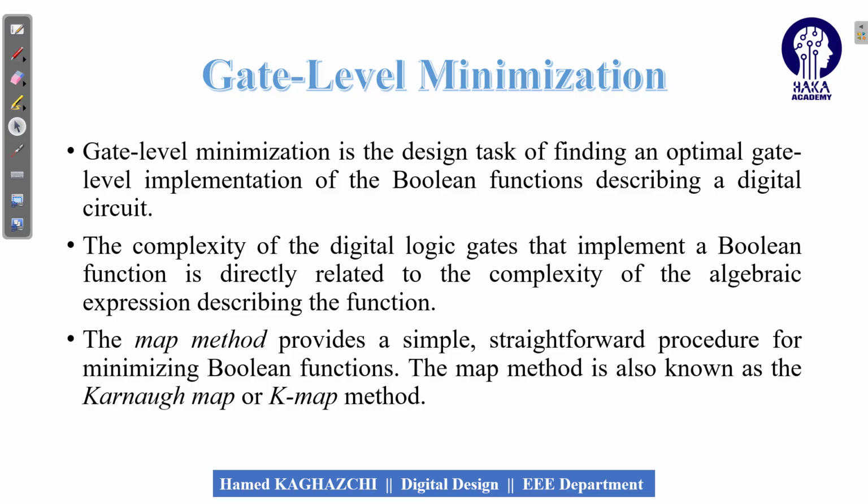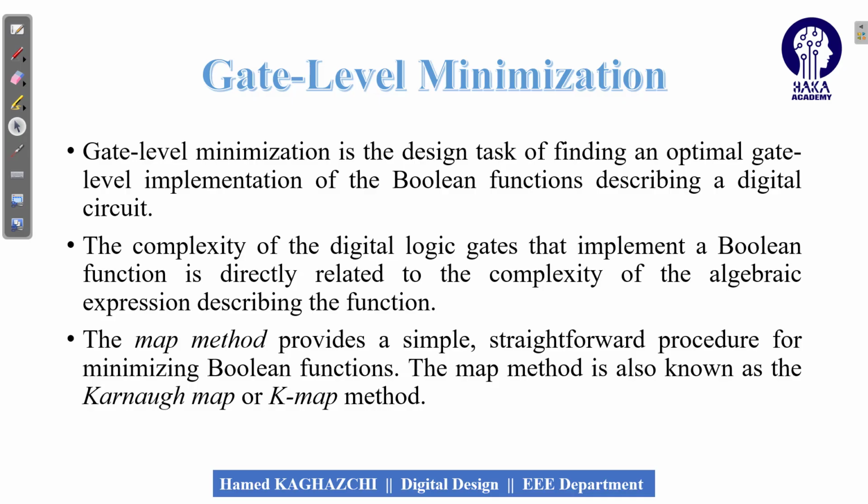If you remember, in the previous chapter, when we started to talk about the concept of the Boolean function, we said that after finding the corresponding Boolean function of the system and before implementing the digital circuit, we need to simplify this Boolean function.